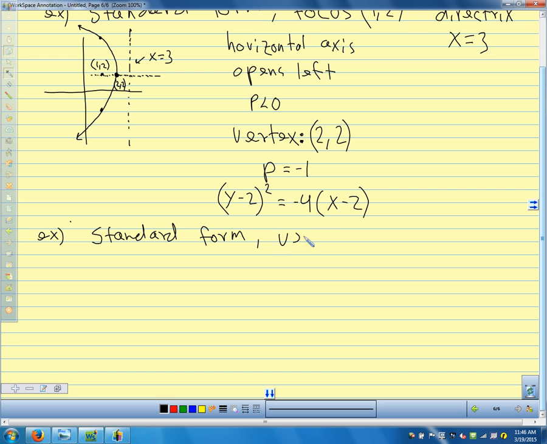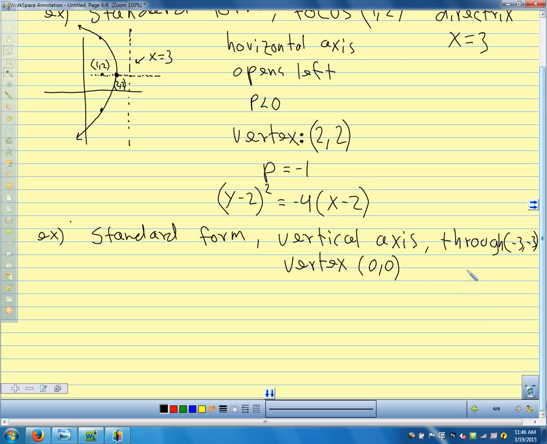Our parabola has a vertical axis. It goes through (-3, -3) with a vertex at (0, 0). Whoops. I wanted to make sure the -3 fit, so I skipped the letter.